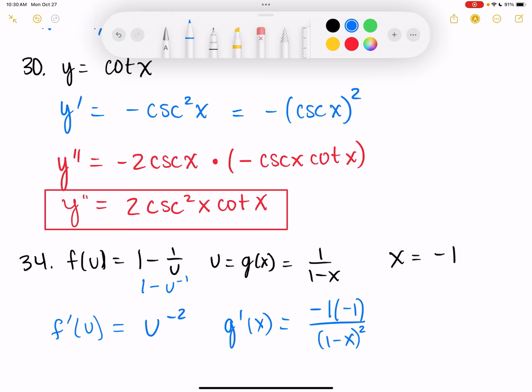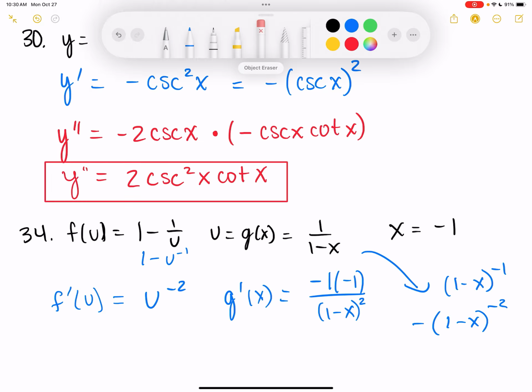Did you try to do the quotient rule or chain rule? I tried to do chain rule, so you moved this to the top? Yeah. So if you do that, then we would have 1 minus x to the negative 1. So we would have negative all of this, so 1 minus x to the negative 2. Not over. Times the negative 1 for the derivative of the inside. So you'd end up with positive 1 over this stuff, basically.